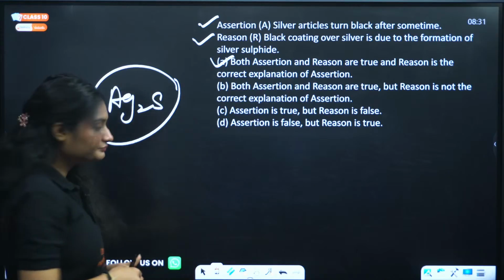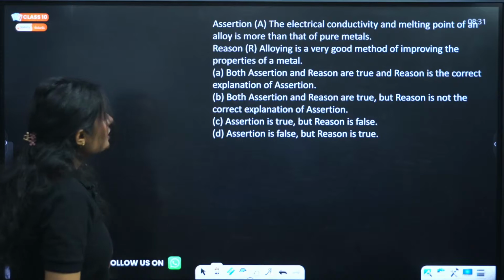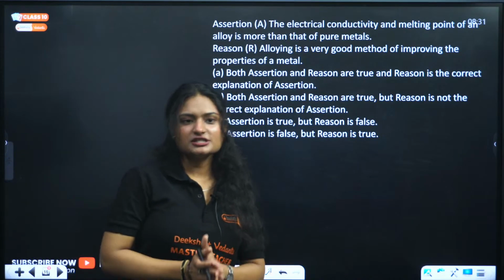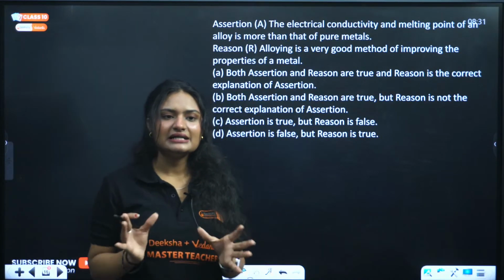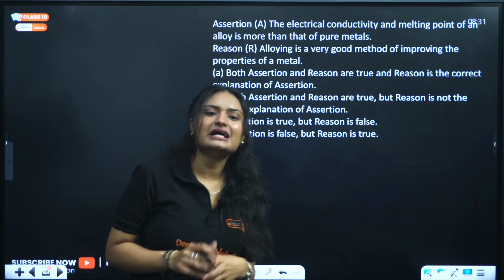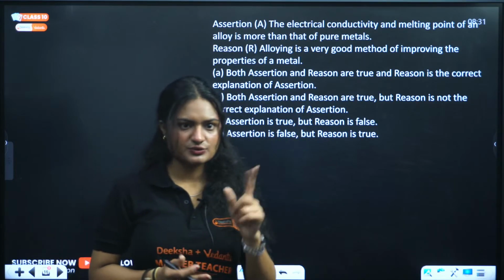Okay. Next question. Assertion says the electrical conductivity and melting point of an alloy is more than that of pure metals. That is one thing.